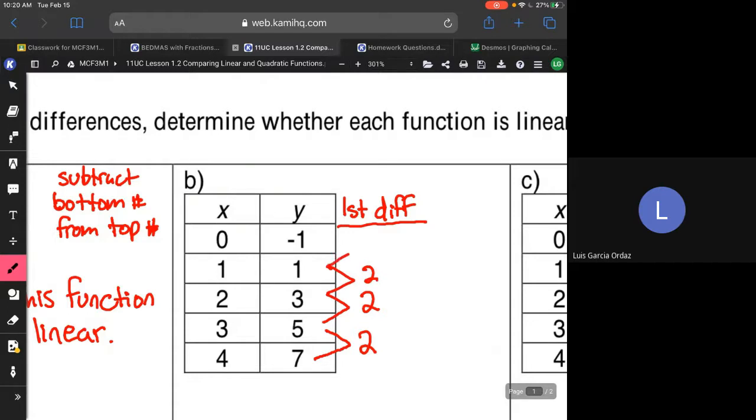And now what is 1 minus negative 1? 2. Remember, when you have two negatives together like this, it becomes addition. So it becomes 1 plus 1, and that gives me 2. So therefore, this is linear.